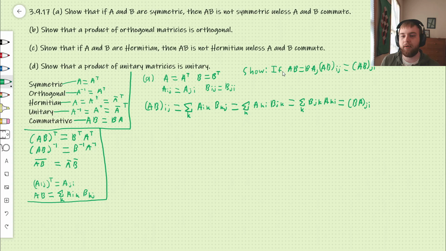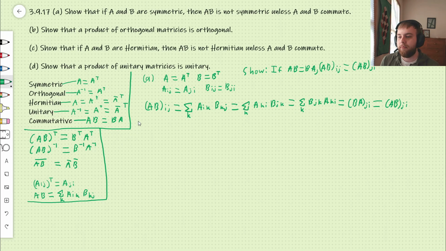So since this is part of the if statement here, we can use this and swap them around, meaning that this equals AB ji, which is exactly what we wanted to show. But we wouldn't have been able to do that swap if that part of the if statement wasn't there. So yeah, they are not symmetric unless A and B commute, because commuting them is the only way to get them to be symmetric.